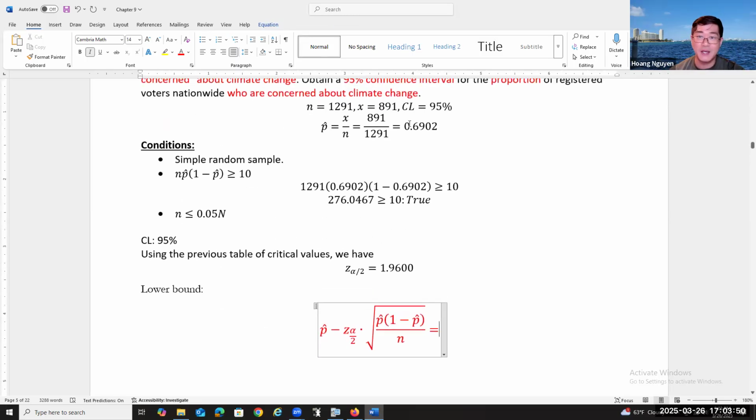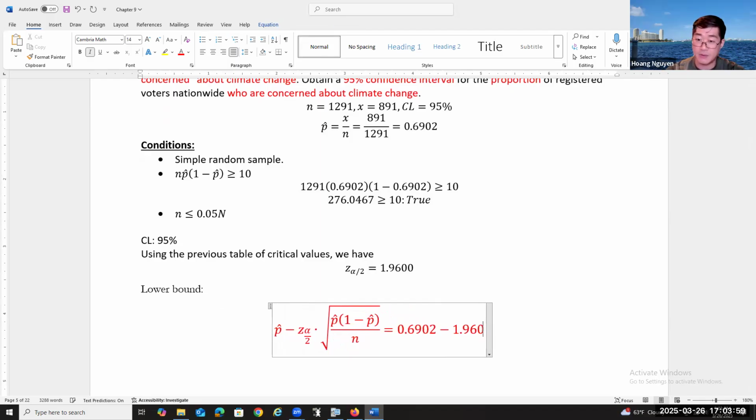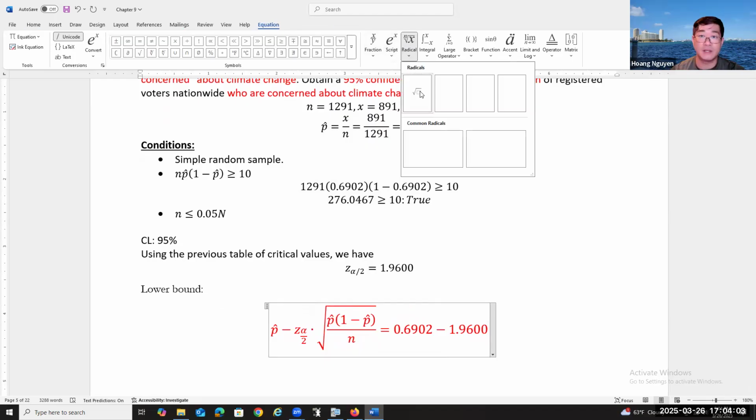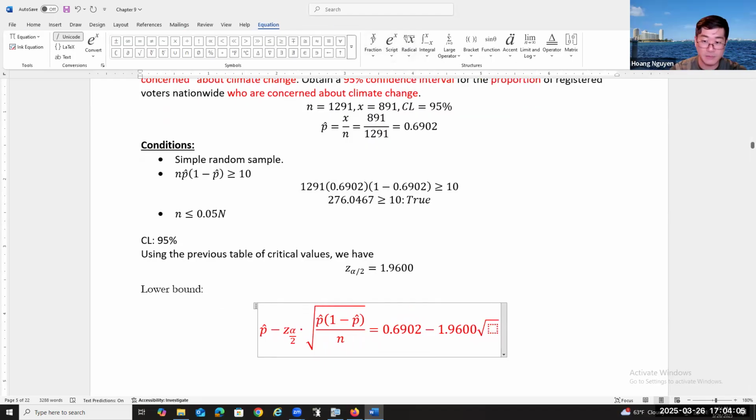So what's the p hat? So p hat we have 0.6902 minus z sub alpha over 2, 1.96 times the square root of a quotient. Okay.